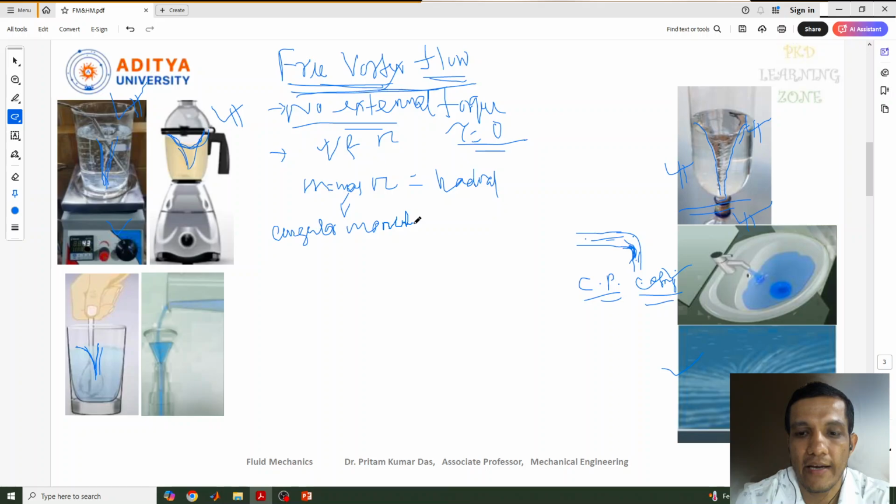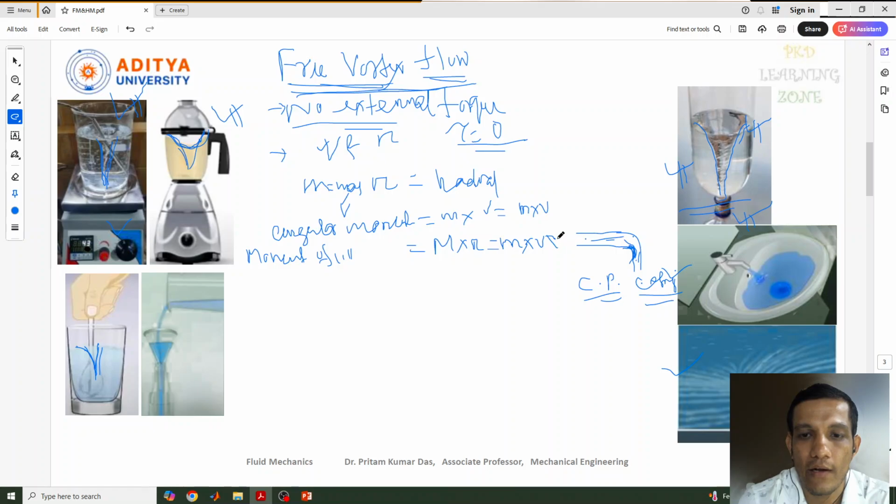We know that momentum equals mass into velocity, so the momentum is m into v. The moment of momentum, or angular momentum, is the momentum into the radius. So angular momentum equals m into v into r.